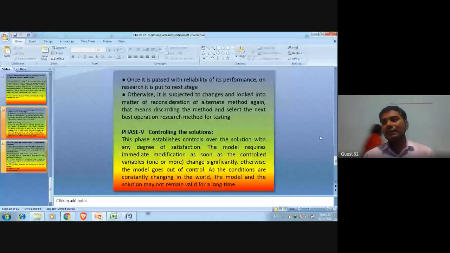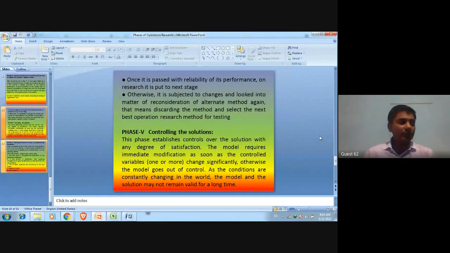It means, suppose that your model is rigid. If your model is rigid, then you cannot control your solution. So the model should always be flexible. The model should always be flexible, because sometimes it is possible that changes are required according to the situations.